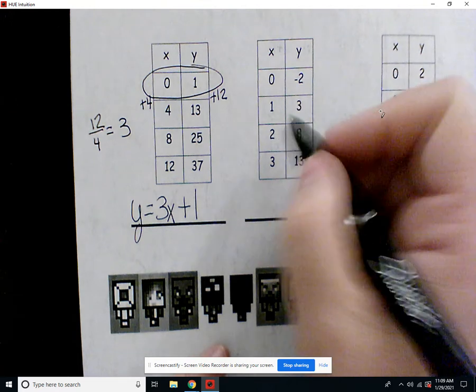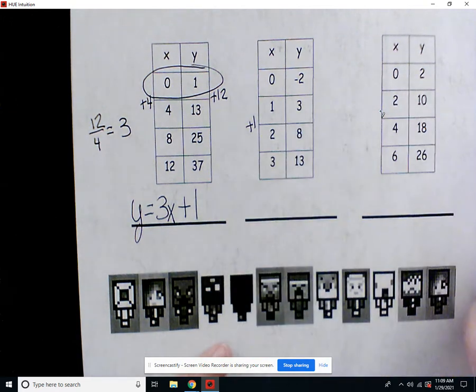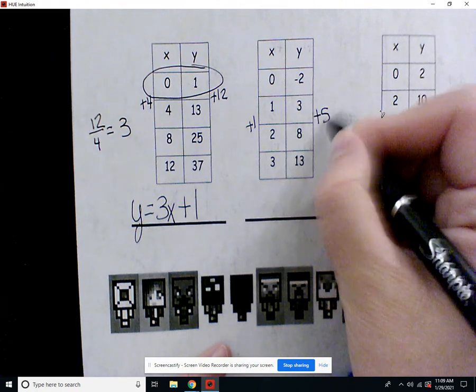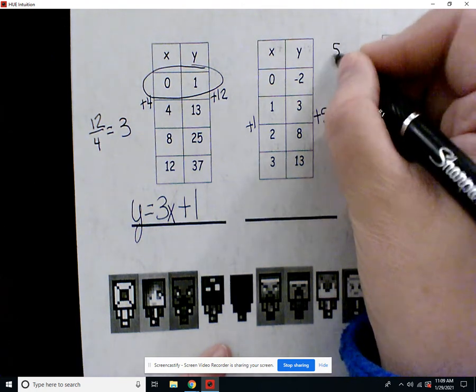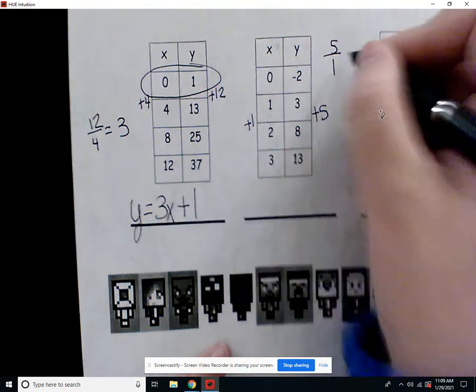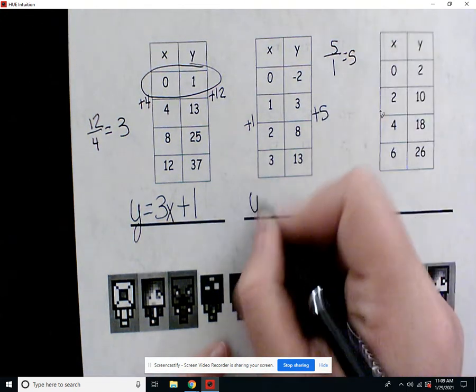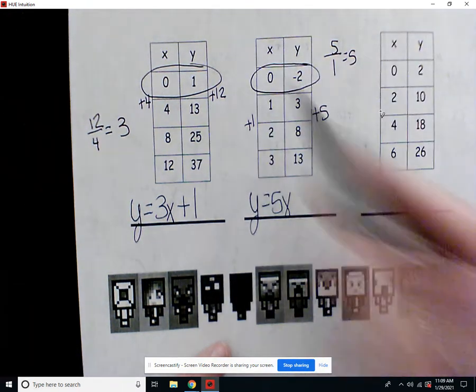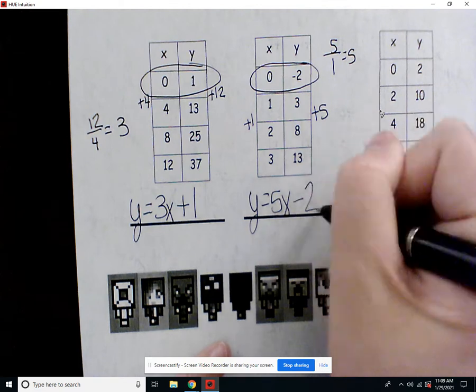Okay, our next one. Our x's are counting by ones, and our y's are counting by 5. So we're going to have 5 over 1, y over x, which is equal to 5. So we have 5x, and x is 0, so our y is negative 2.